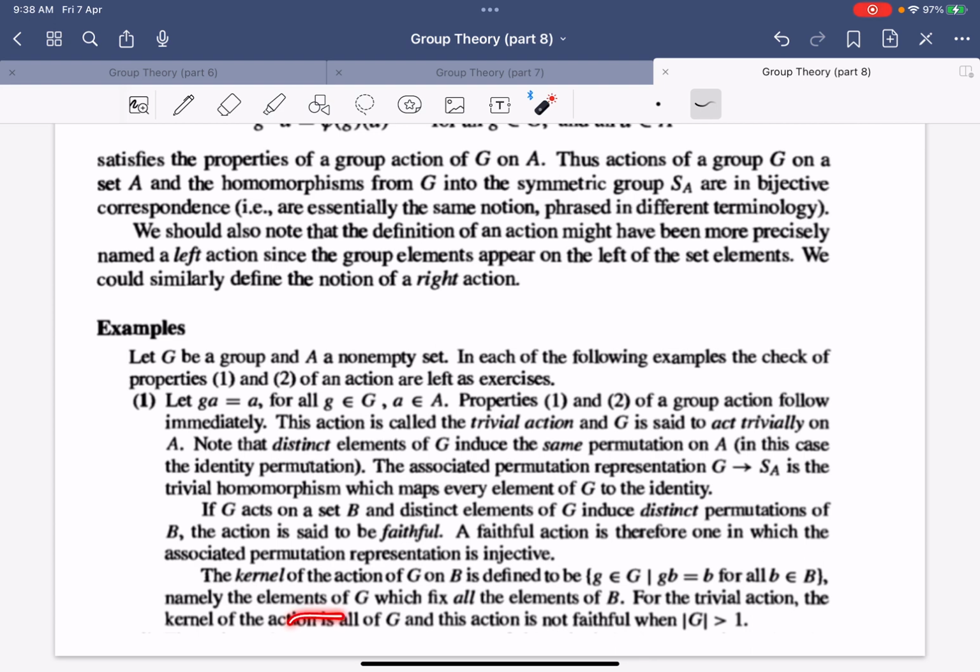So we are saying that these are the elements of G that fix the elements in B. And we can see that the trivial action has a kernel of the whole of G, and so the action is not faithful when G is larger than 1, because to be faithful, you need to be injective.